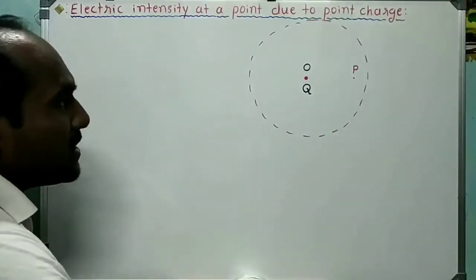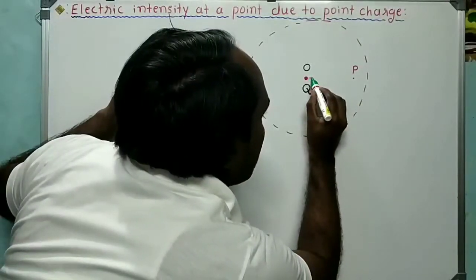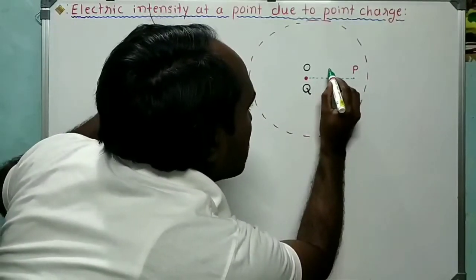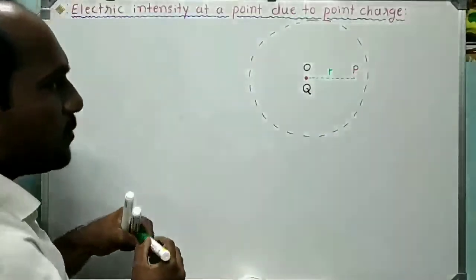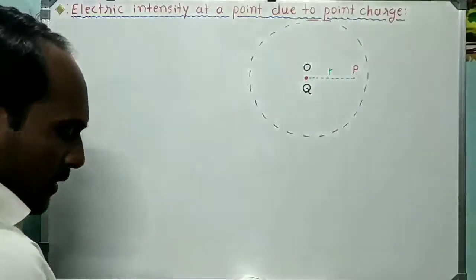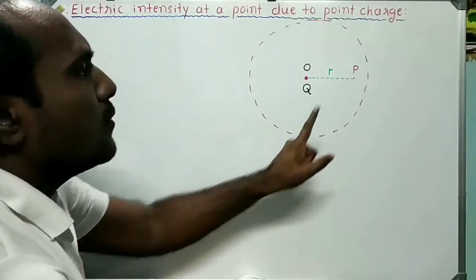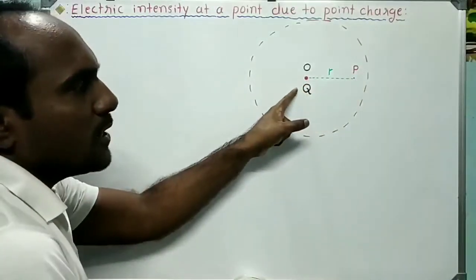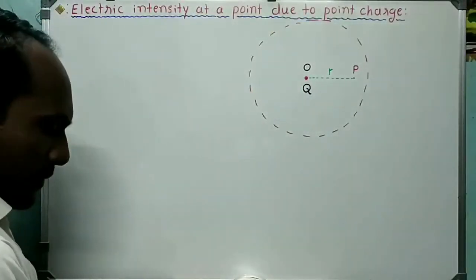The distance of point P from the capital Q is R. That is capital R. Now I have to derive the expression for the electric intensity at this point P due to the point charge capital Q. That we are going to derive.